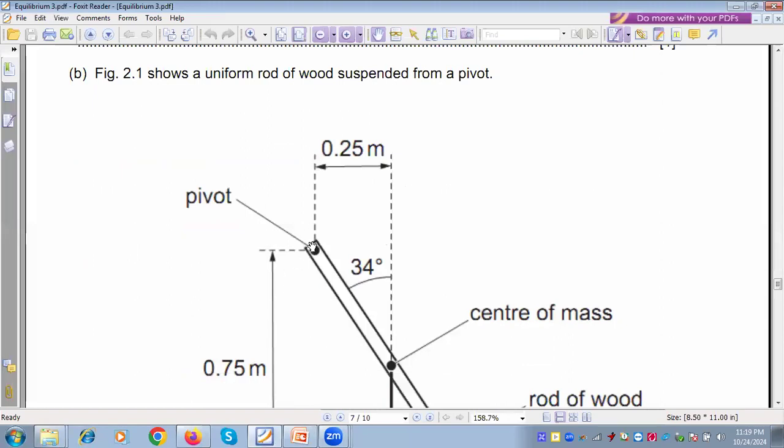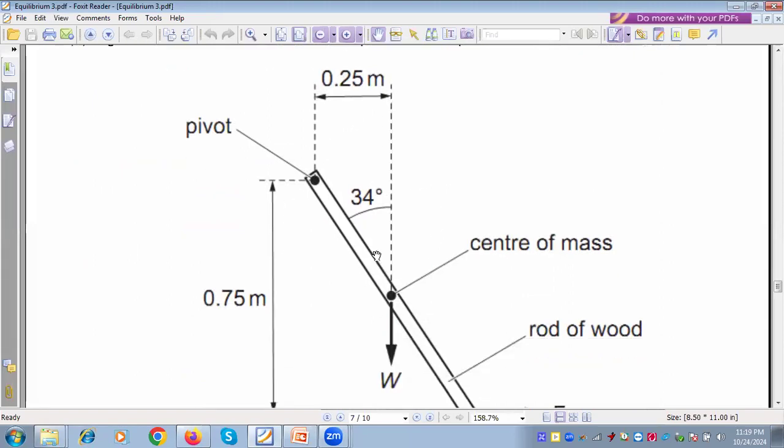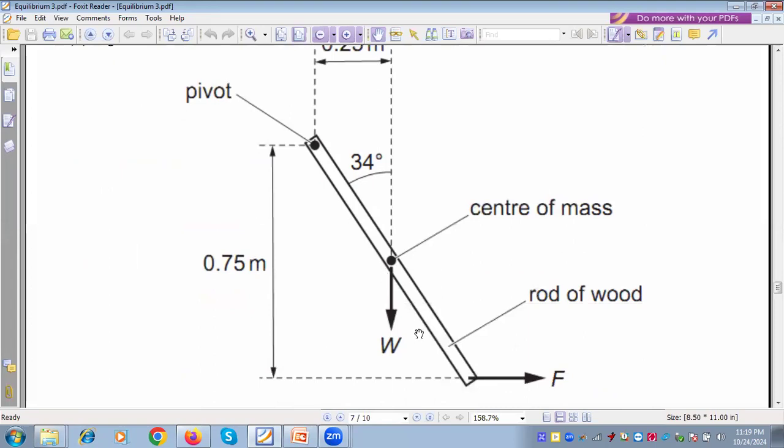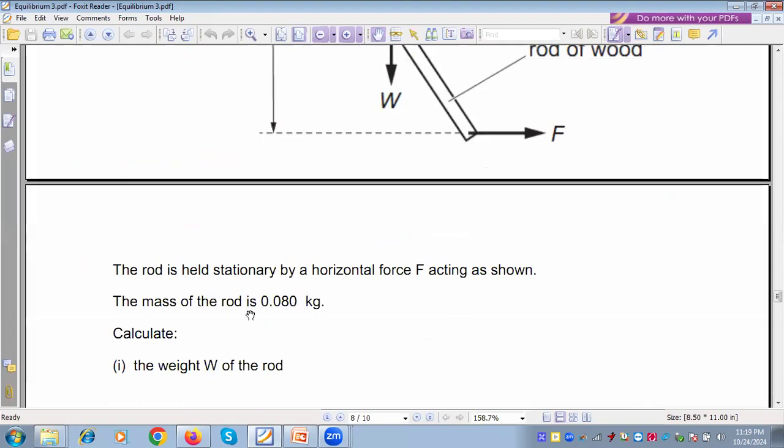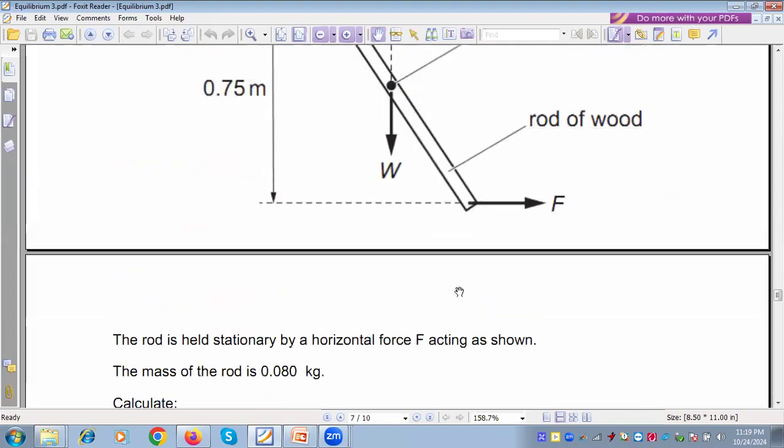The figure shows a uniform rod of wood suspended from a pivot, with weight W at the center of mass, and the pivot at this end. The mass is held stationary by the horizontal force acting as shown.